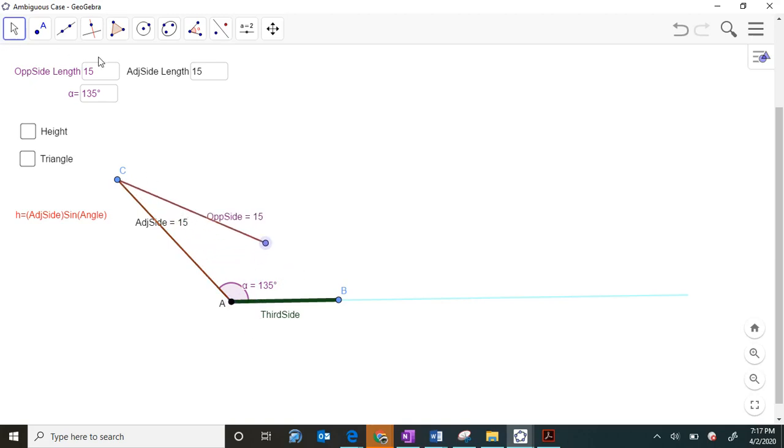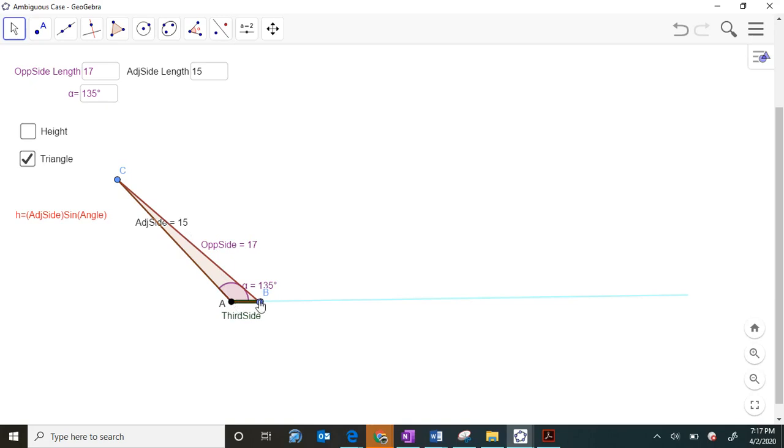Now if we choose 17, it's going to form that. Notice how it's not going to go all the way over there, but it's bigger than 15, so it's going to reach at one place or another. So it's going to look like this, and that's the triangle that it's going to make.